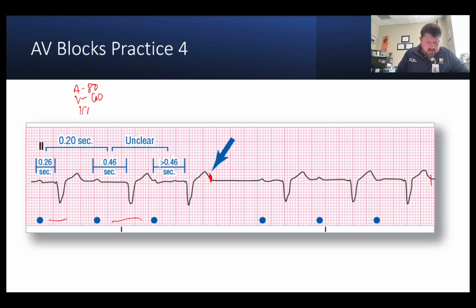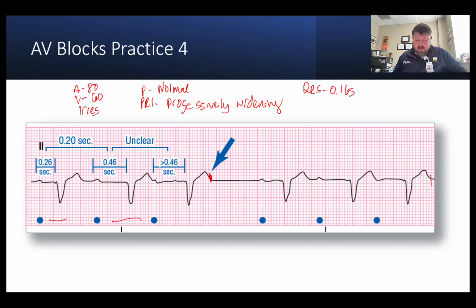It's irregular. The P waves look normal. But my PRI is progressively widening until I have a dropped beat. My QRS is wide at 0.16 seconds.